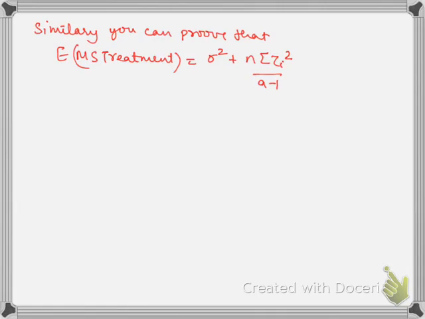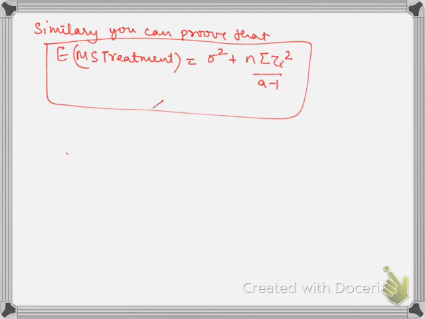If there is no difference, then the sum of tau i squared would be 0, and those two mean squares would be equal. But if there is a difference, the mean square treatment would be greater than the mean square due to error. And for that ratio, statistically we can come up with the sampling distribution of that ratio. It turns out to be F.